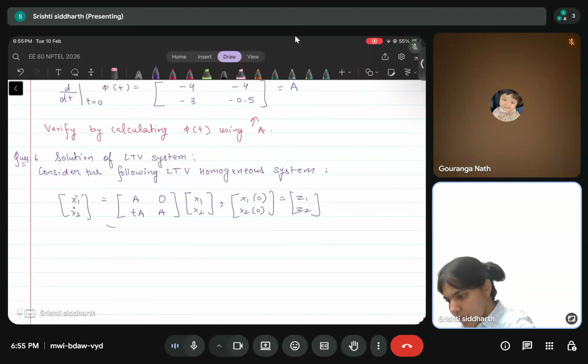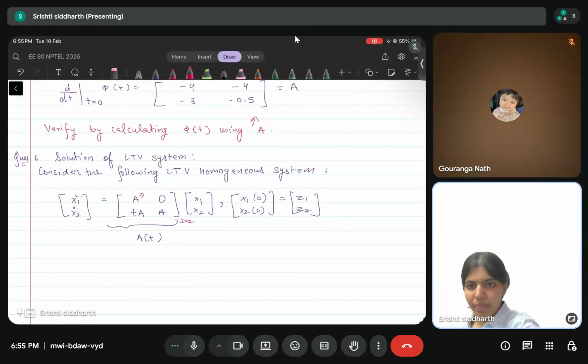So observe that this is the time varying system matrix A of t, and these a's are just scalars, right? Because this is a 2 by 2 matrix.